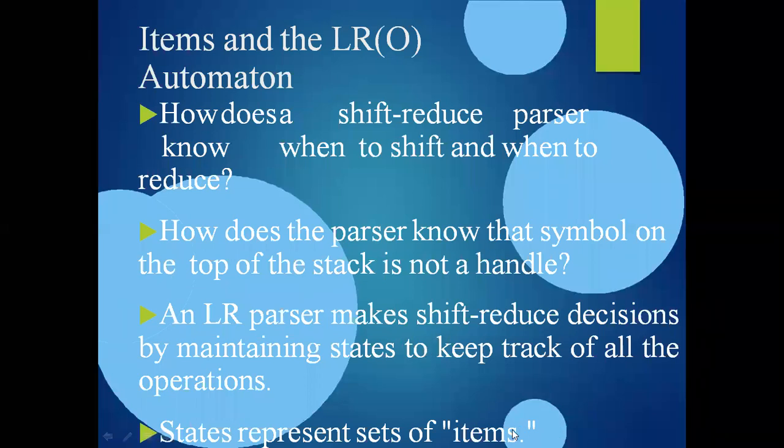State represents the set of items. From where are we getting these items? And how do we know when to shift and when to reduce in the shift reduce parser? For this, we have the answer in the next slide.